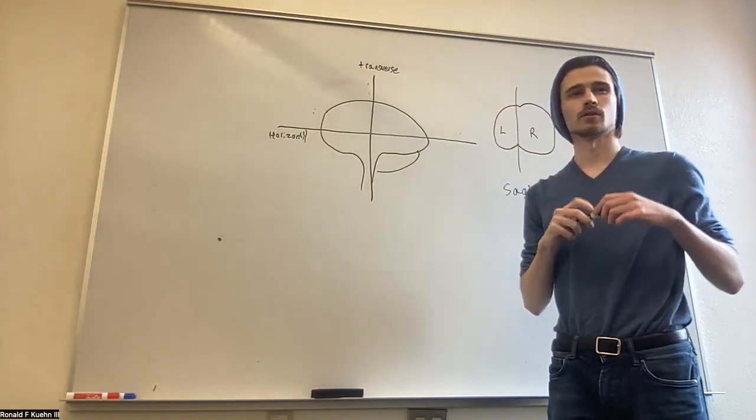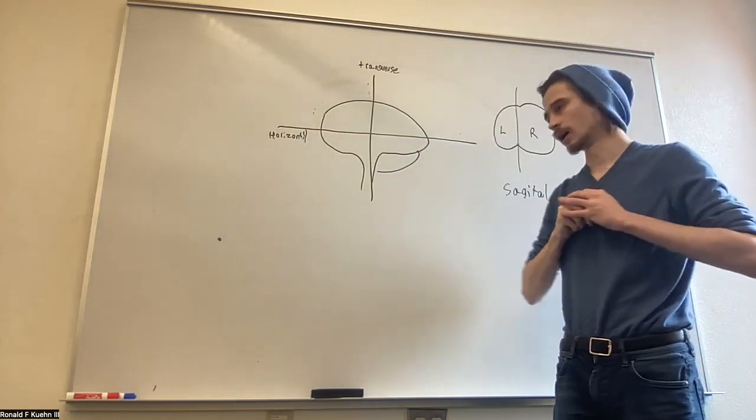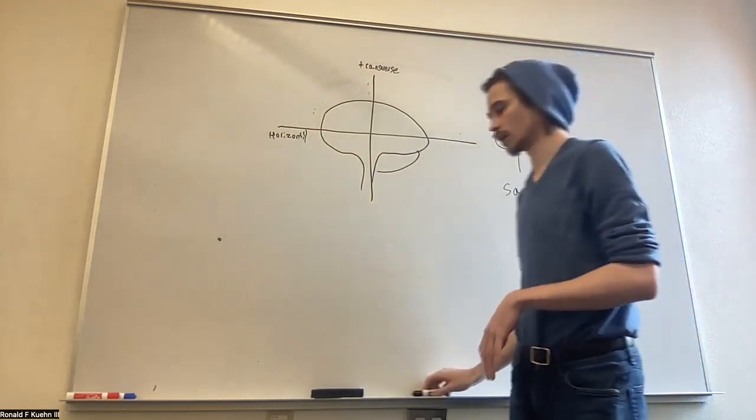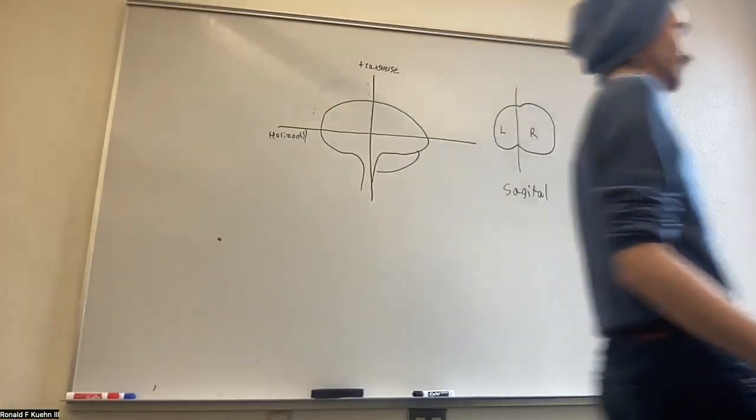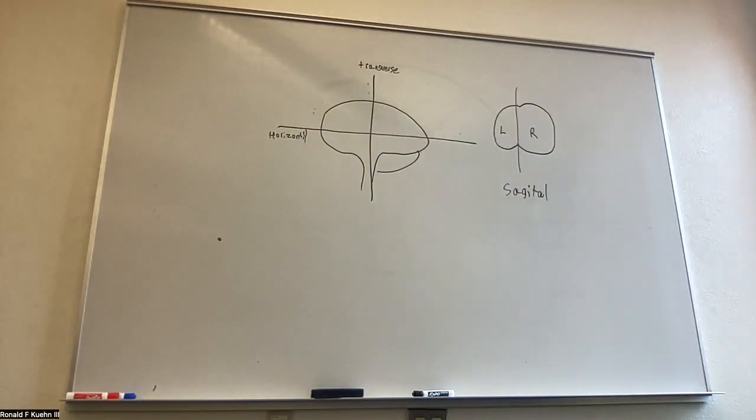You can also call that coronal. So either should be okay on the test. I'm not too worried about which term you're using, just whichever one you can remember best.